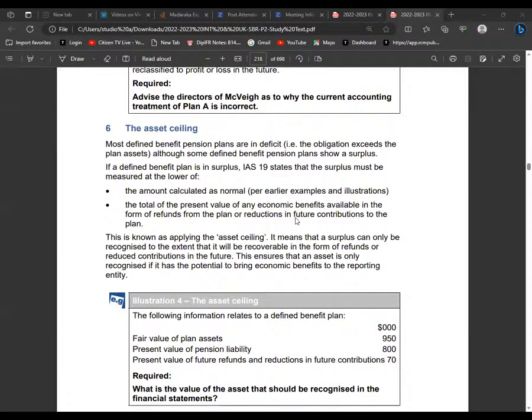Many organizations, including governments globally, are struggling with pensioners. It will always be, in most cases, a net obligation. But if it goes the other way around and you get a very rich pension scheme which has a net asset, that net asset has to be capped.